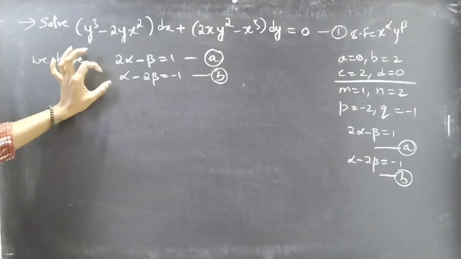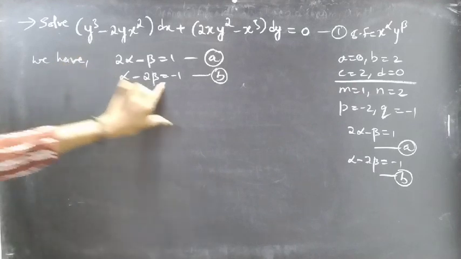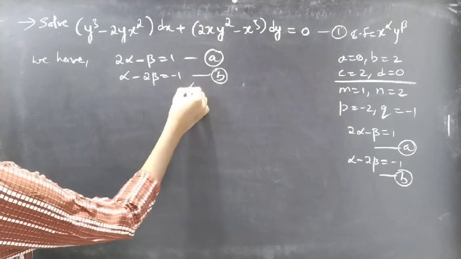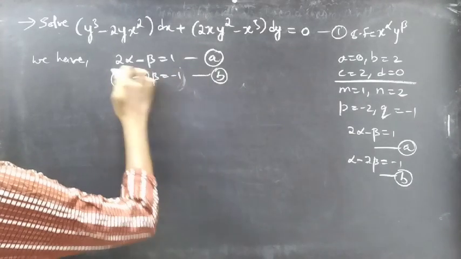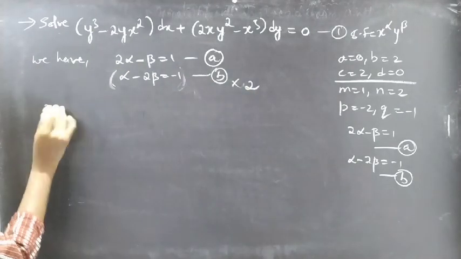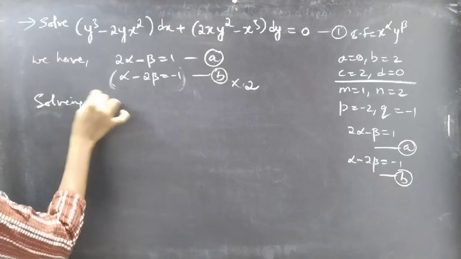So we'll multiply 2 to this equation B, so that we can cancel terms involving alpha while solving equation A and B. So let's multiply this equation B by 2. Solving A and B.